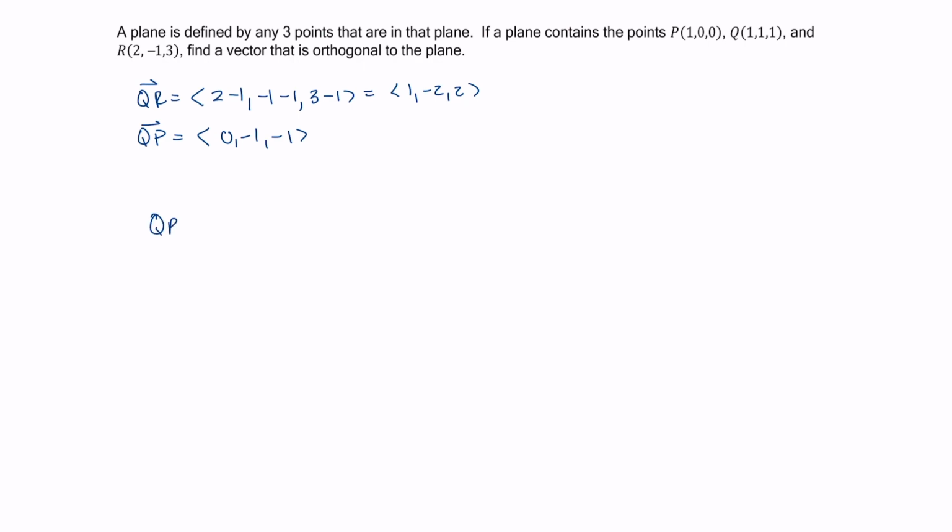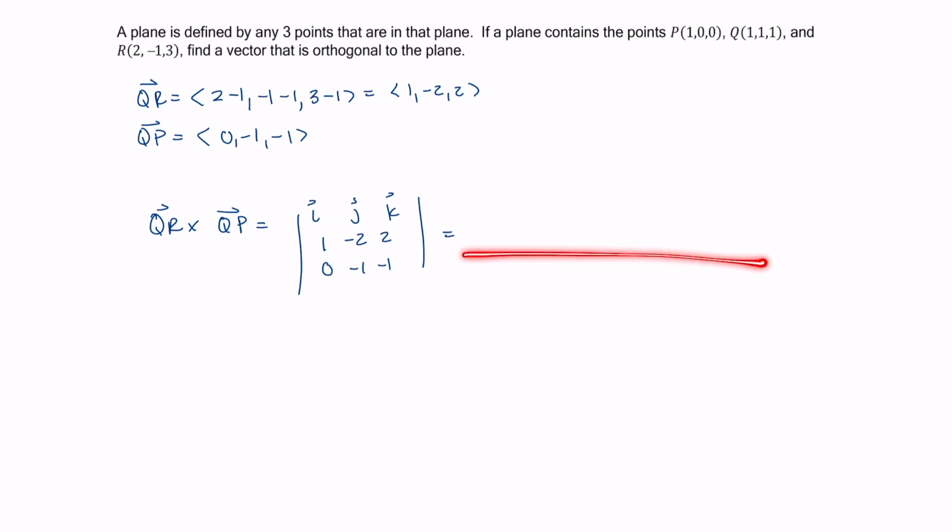So QR cross QP, that's equal to, well, let's set up our matrix to figure that out. 1, -2, 2, 0, -1, 1. Excuse me, -1, -1. Now, please pause your video and work out what this vector will be independently, please.